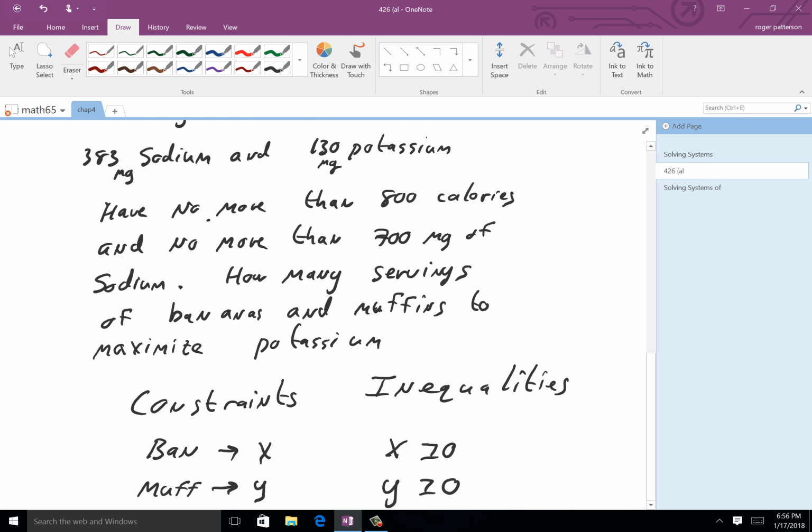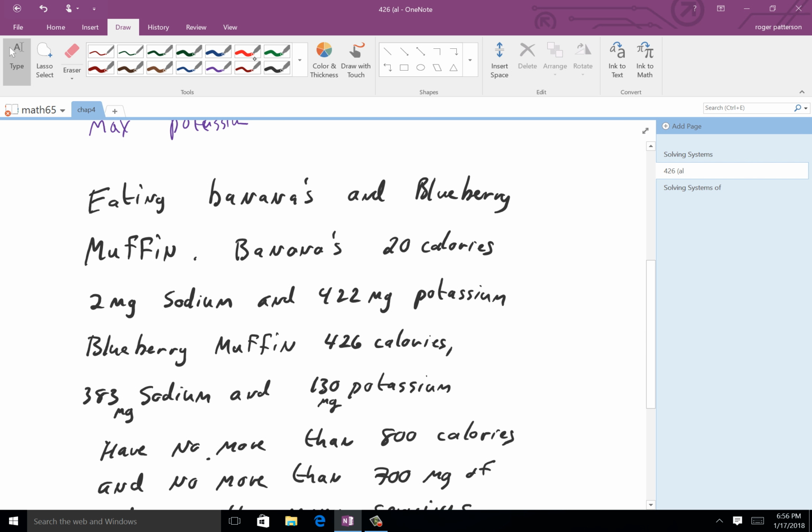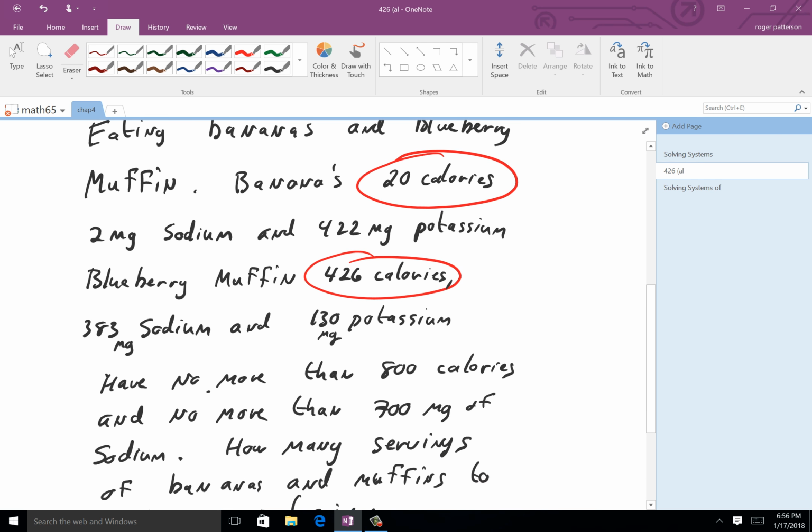Now let's go up here and we see we have some common things. For example, I have calories for bananas, I have calories for muffins, and I have calories there. Okay, so I want to write an inequality that relates all of those things because they are all the same category.